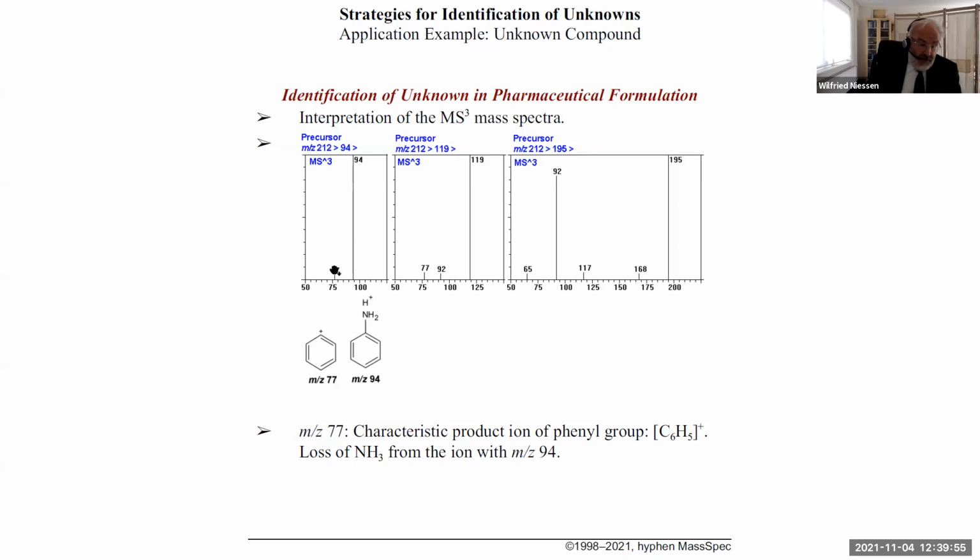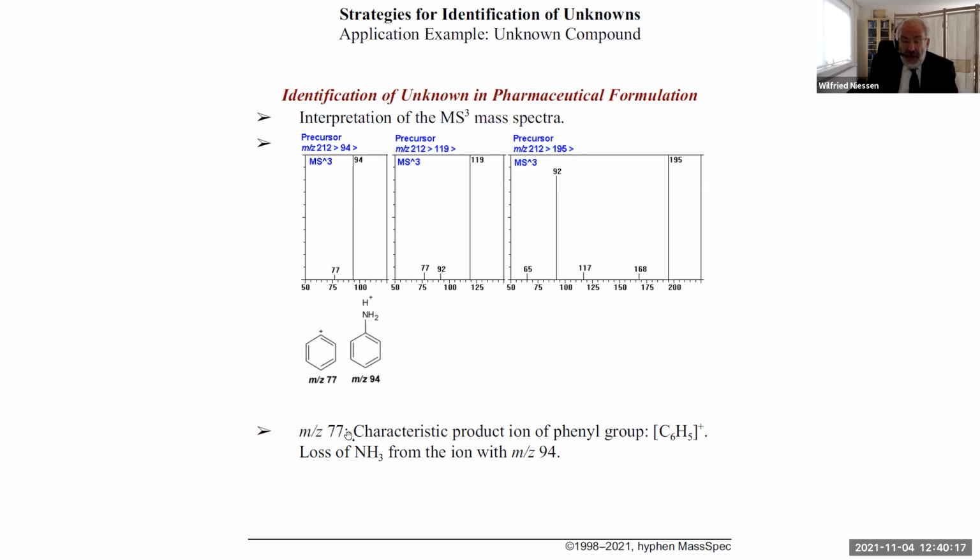And the 77, if I would go to the table, which the tables I showed you, will most likely be the C6H5+, so the phenyl cation. And we know the phenyl group must be there from the UV data. So the 94 basically is protonated aniline.